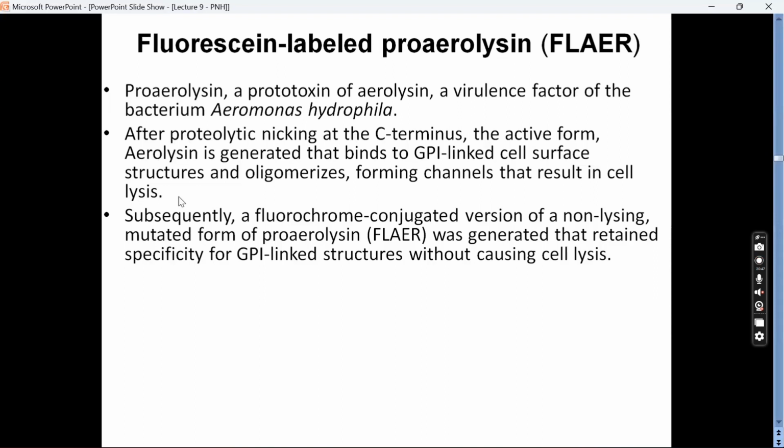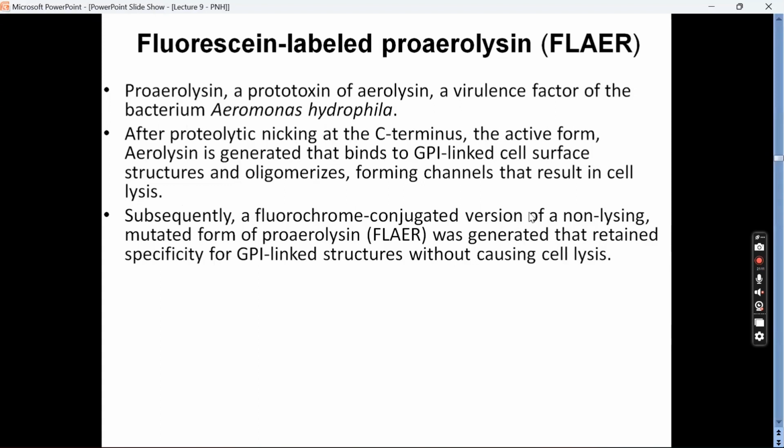So when you add this reagent, it gets activated and it binds to GPI-linked structures. If the patient is a PNH patient, then it may not be able to bind to the cell surface because there are no GPI-linked markers and there will be no signal with FLAIR.